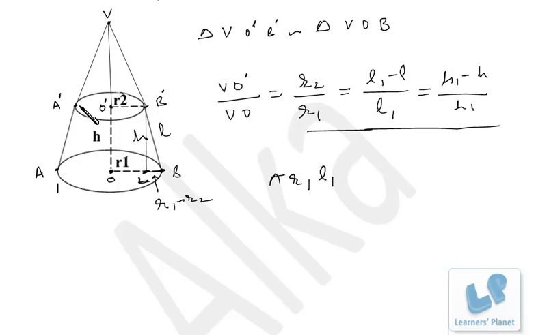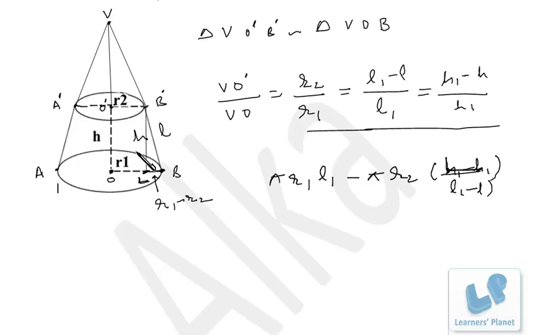From that, if you subtract the curved surface area of this smaller cone, that means this complete area, then we'll be getting the curved surface area of this frustum. So that is pi r2 and the slant height is the complete slant height minus this one, so that is l1 minus l. So this is the curved surface area of this frustum.